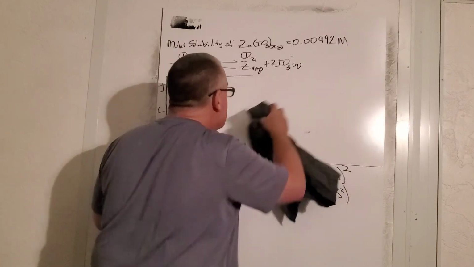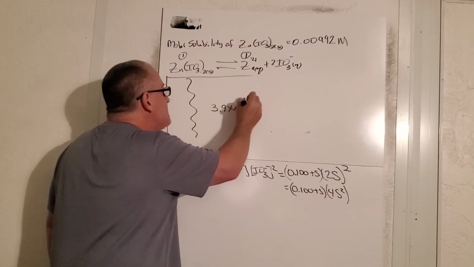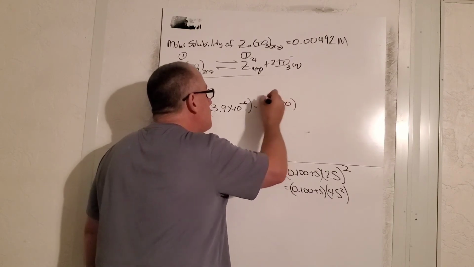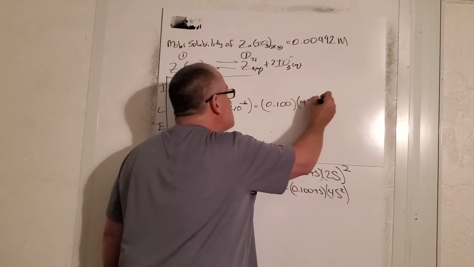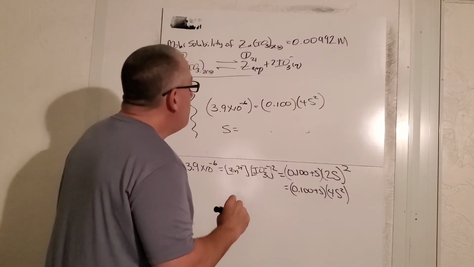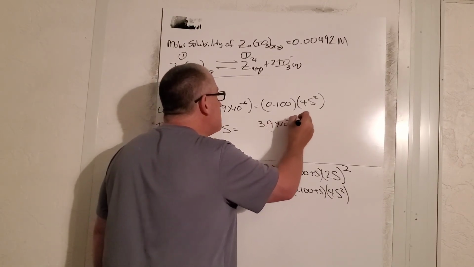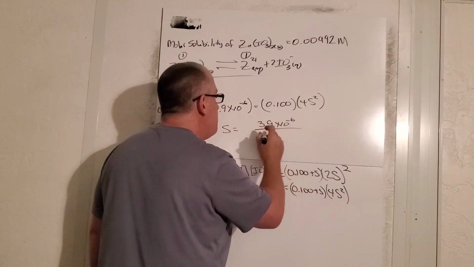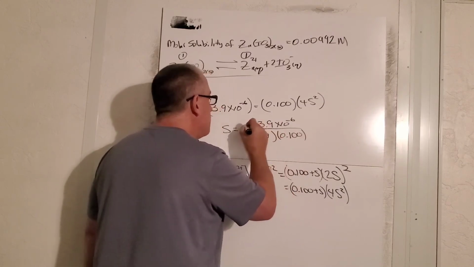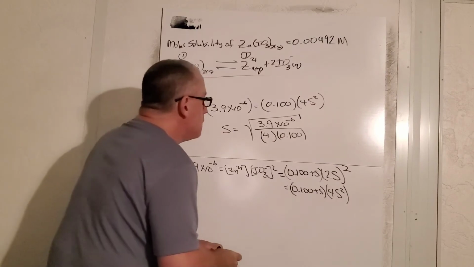So in that case, I'm going to end up with 3.9 times 10 to the minus 6 equal to 0.1 times 4S squared. Then when I solve for S, I'm going to have 3.9 times 10 to the minus 6 divided by 4 and 0.1, square root of all that.